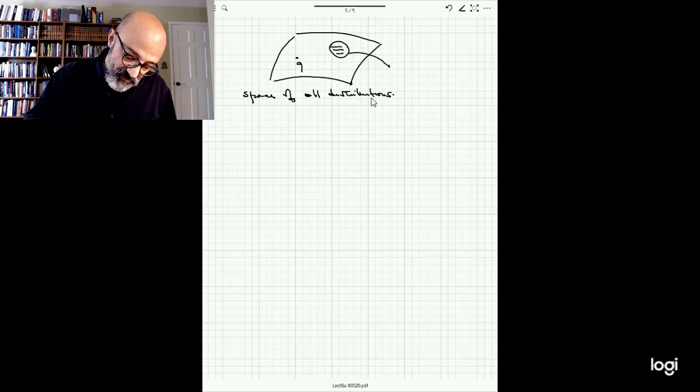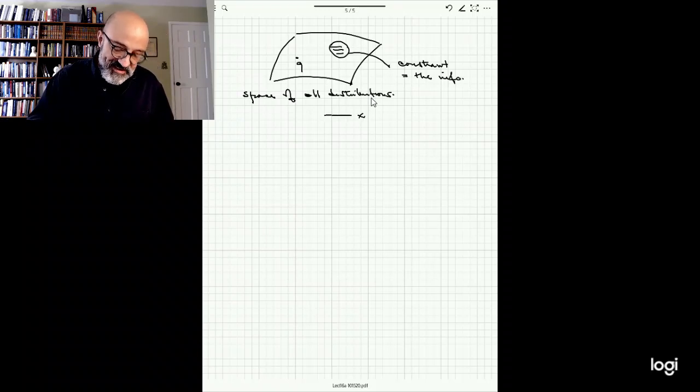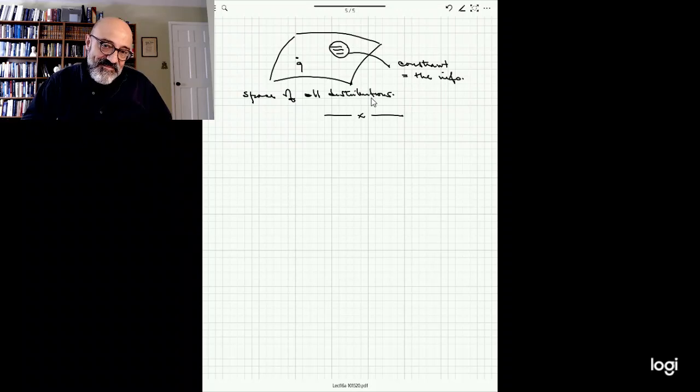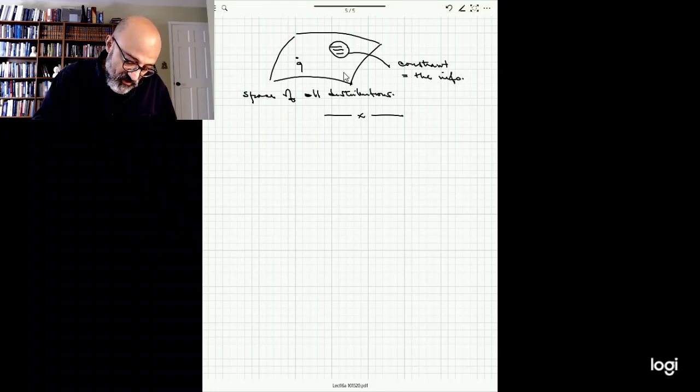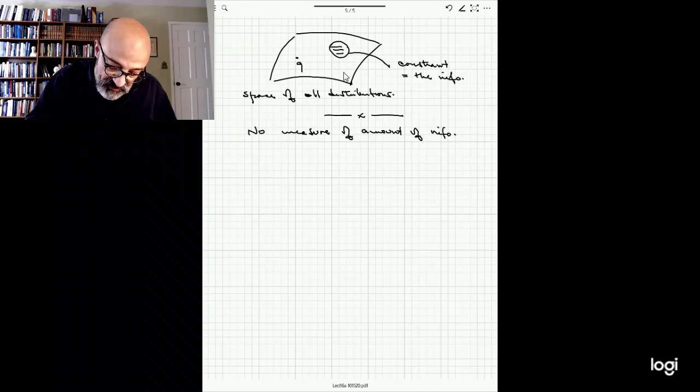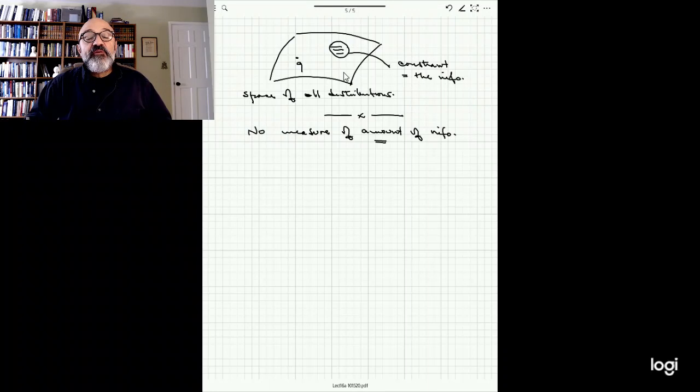This constraint is the information. One of the things that's nice about this approach is that despite the fact that there is no measure of amount of information, we're not talking about amounts, you can still do this in a very quantitative way.